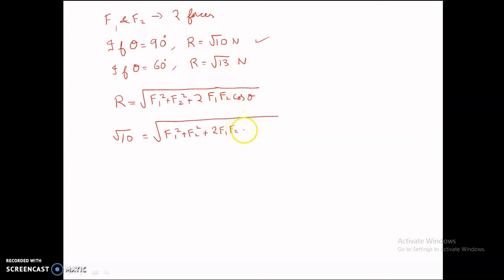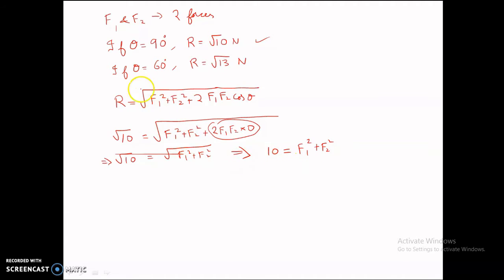Cos 90 means 0. So this full term will become 0, and we can write root 10 equal to root of F1 square plus F2 square, or on squaring both sides, we can write 10 equal to F1 square plus F2 square.